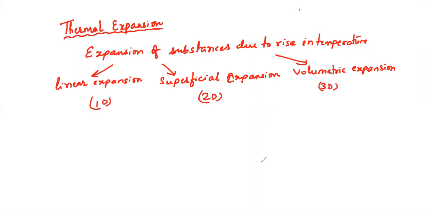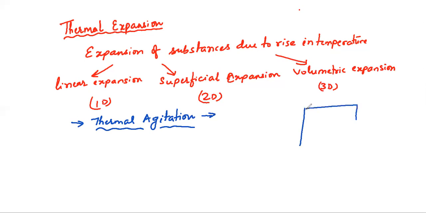Okay. All right. Now, let us try to understand a term called thermal agitation. What happens when we provide any substance with heat? In a substance there are so many atoms.